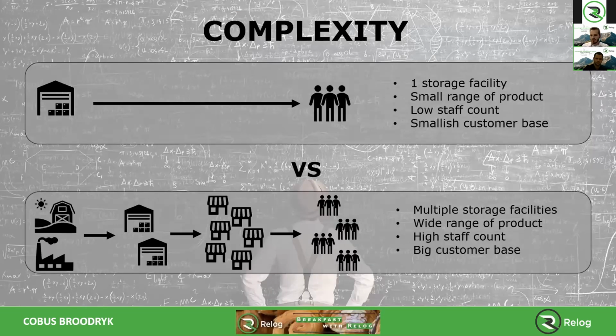Now, when we talk about complexity, if you have a small store with a small product range, low staff count, a smallish customer base, it should be fairly easy for an experienced manager to manage that entire process with the setup of a good and proper Excel document. However, when it comes to scale and volume, and you increase the number of storage facilities that you have, and you have a wide range of product and a large customer base, it doesn't matter how experienced your warehouse manager or personnel are, there's just no way that they can manage all of that effectively and efficiently.